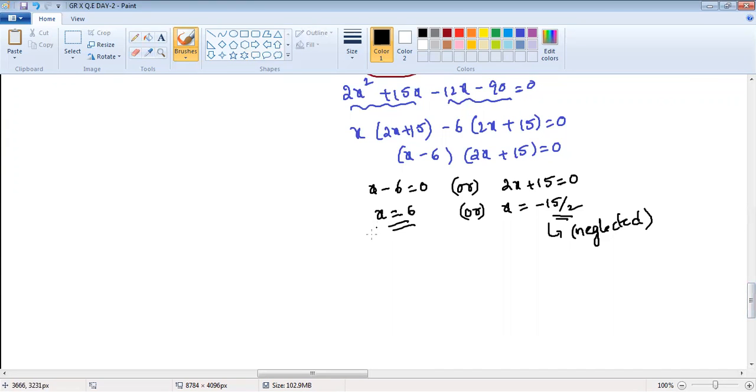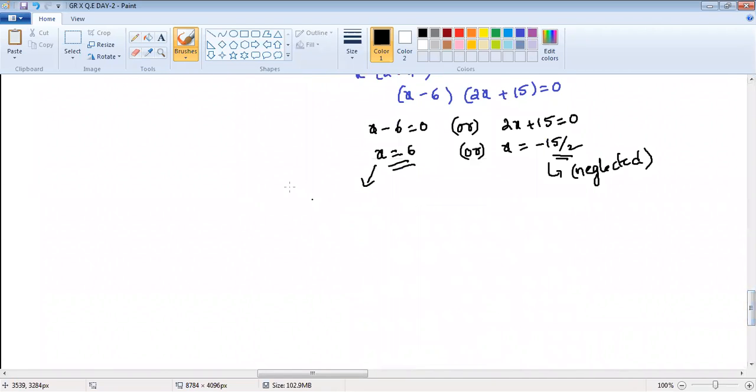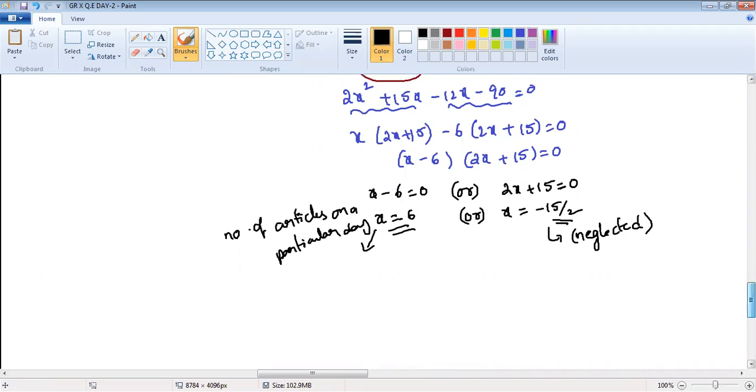So what does x stand for? X stands for certain number of articles on a particular day. Then what is it asking actually?